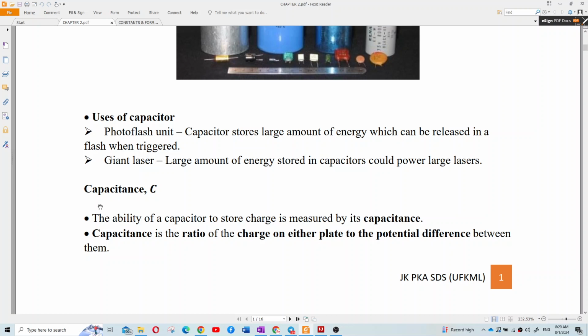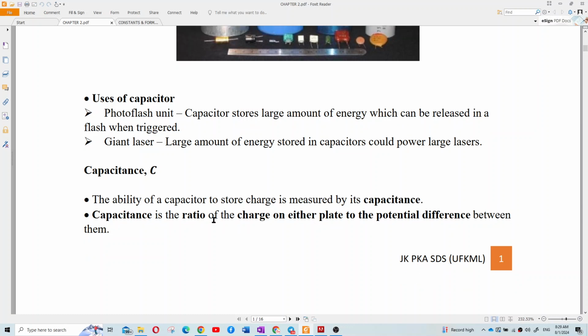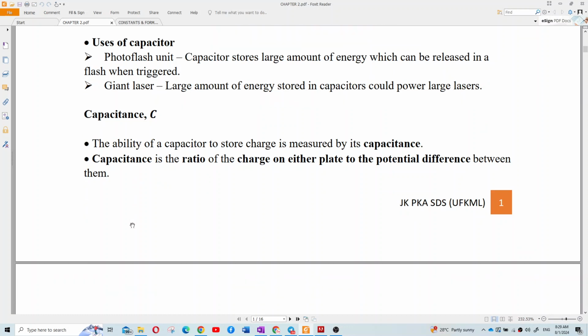Okay, so what is actually capacitance? The ability of a capacitor to store charge is measured by capacitance. So capacitance means the ability of a capacitor to store charge. How do we understand capacitance?